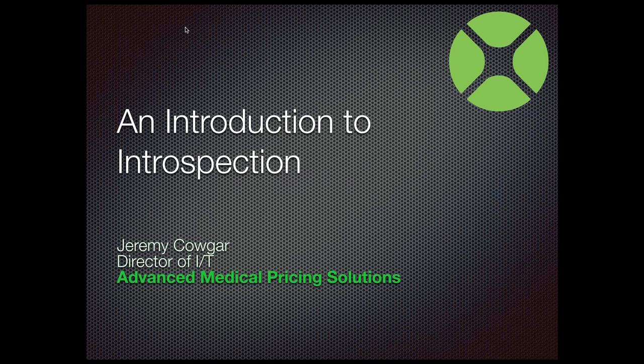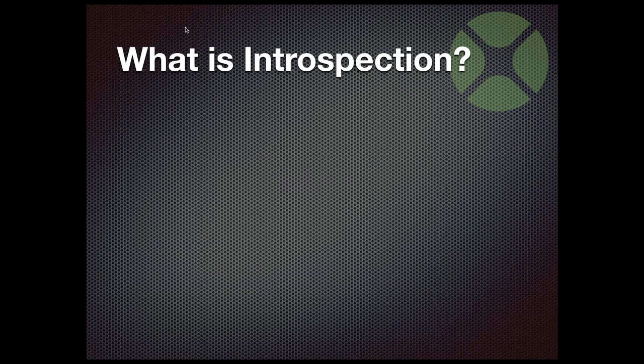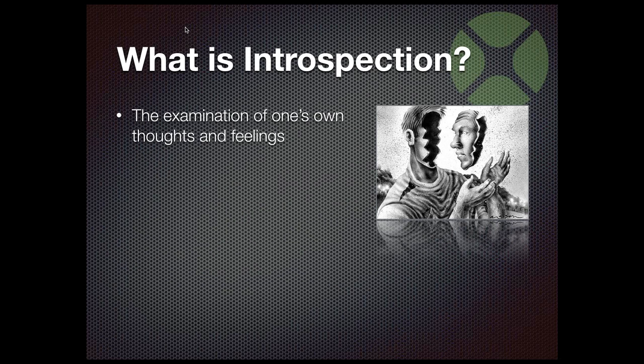So, with that said, this is going to be an introduction to introspection. I'm going to assume that you do not know much, if anything, about introspection, but that you have a working knowledge of Xojo. So, what is introspection? It is looking inside and inspecting yourself.